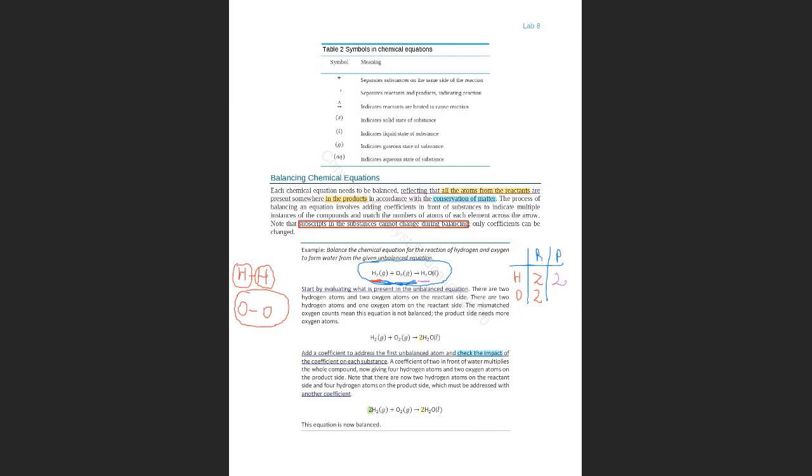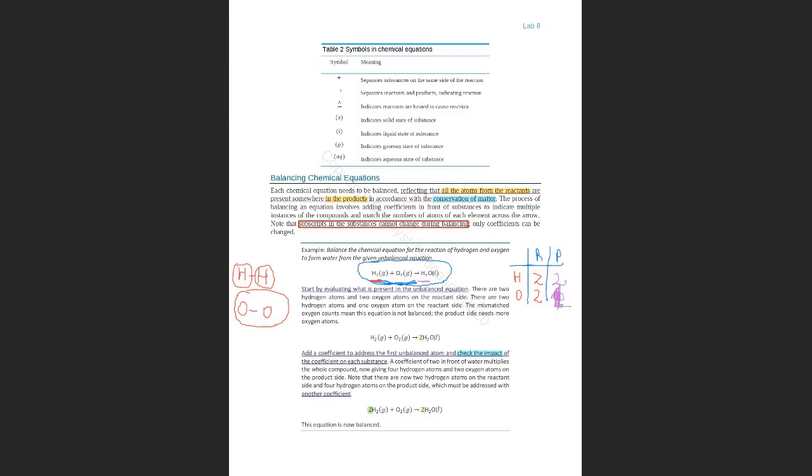Just 1. Is the equation balanced? The hydrogen is balanced, right? I have 2 on the reactant side, and I have 2 on the product side. The hydrogen is balanced, but the oxygen is not balanced because I have a 2 on the reactant side and I have a 1 on the product side.